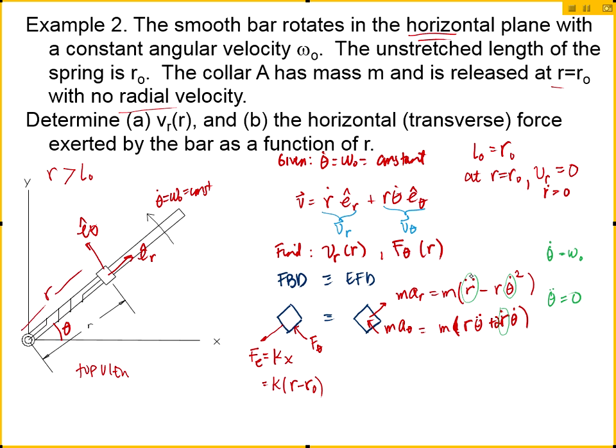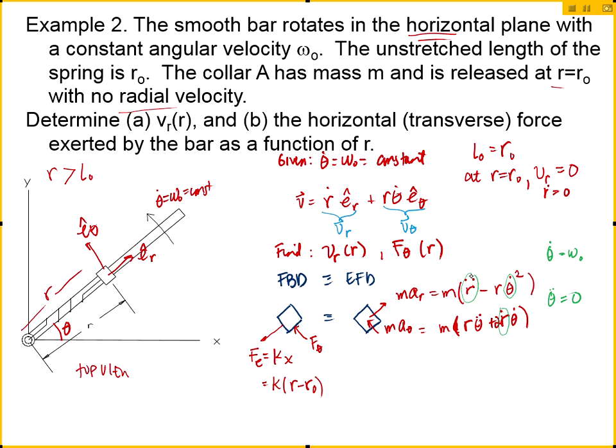Okay? And do you agree? This is the only free body diagram that I can use. There's no other free body diagrams I can look at. Okay? Which means that I may need another equation, but that equation is not a free body diagram.